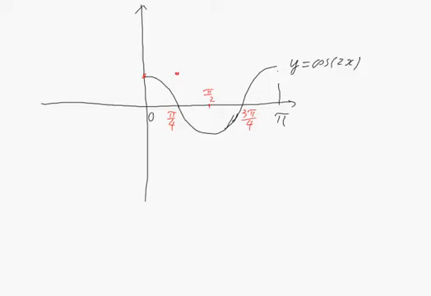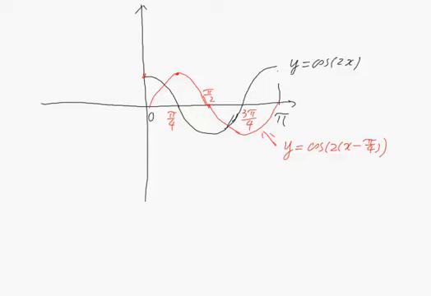And then we get a graph like this. So actually this is similar to the graph of sine x. Okay, so this red one is the graph of y equal to cosine of 2 times x minus pi over 4.